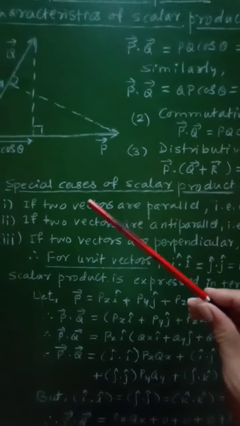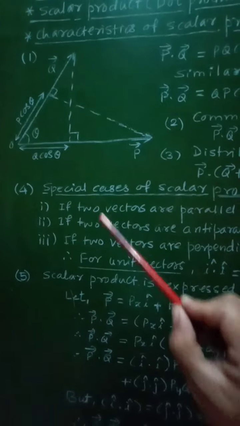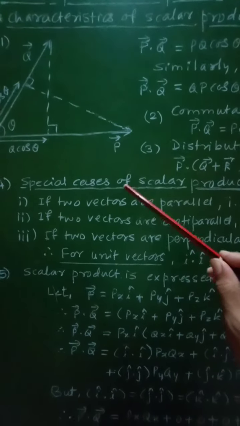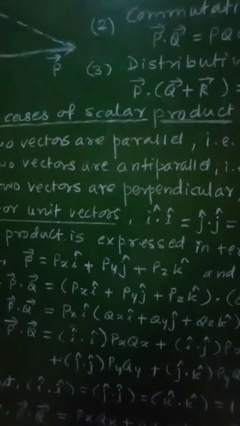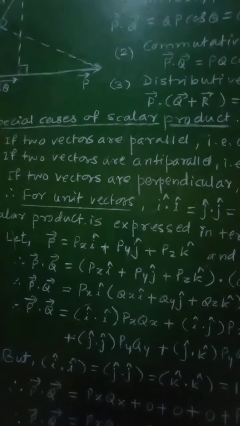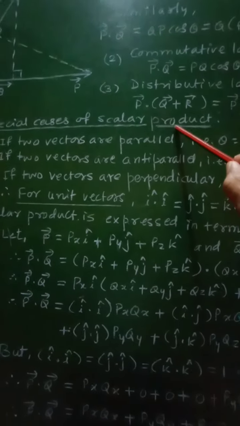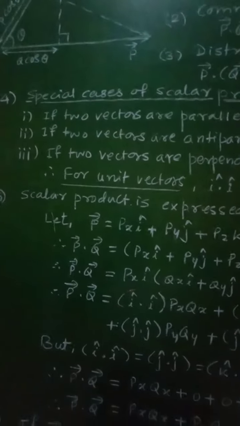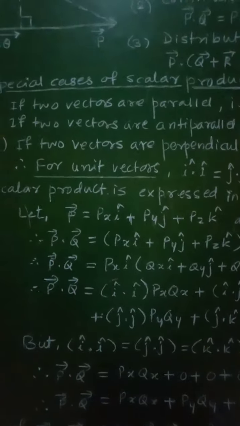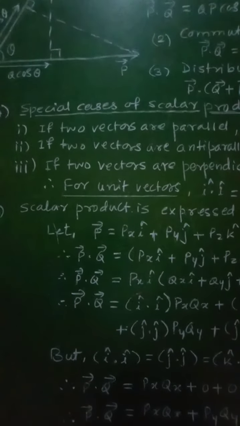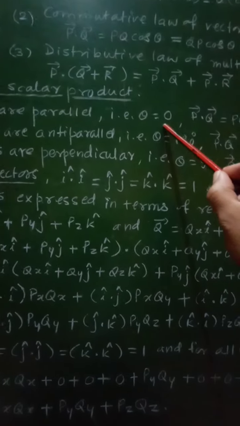Now let us consider the fourth characteristic. Here we will have to consider some of the special cases of the scalar product. The first one is if two vectors are parallel to each other, that is angle between them theta will be equal to 0.